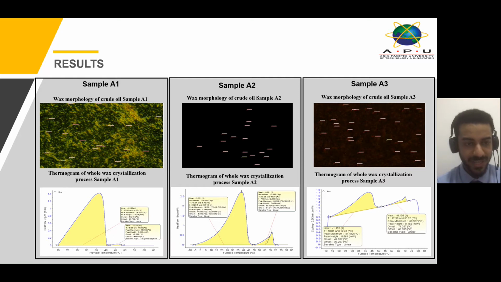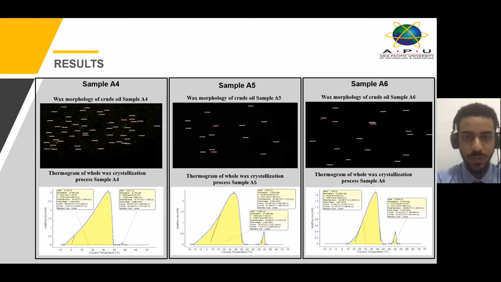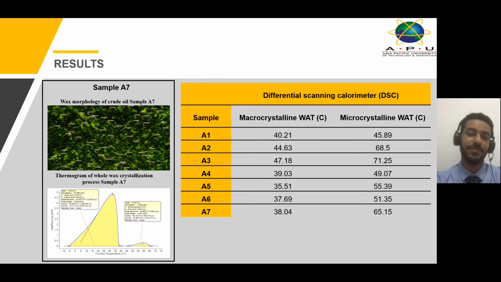And below here we can see the chart which shows two humps, whereby the smaller hump represents micro because there is a small heat release, and the large hump represents macro, because there is a large heat release. So the same thing was done for sample A1 all the way to sample A7.